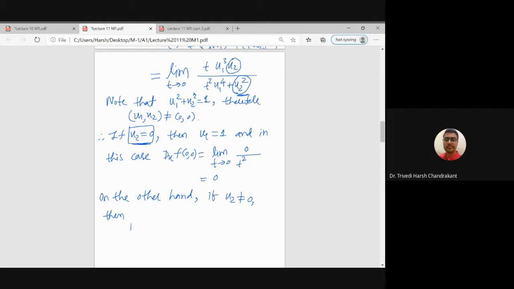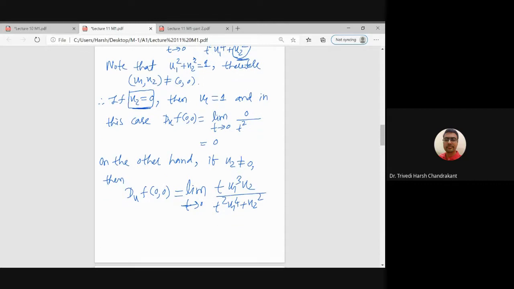So let us write down that. So if we have this limit, let us just substitute t equals to 0. If we substitute t equals to 0 in this limit, what we get is 0 divided by 0 plus u2 square, and u2 is non-zero. u2 is non-zero, that means the denominator is non-zero. So that means the value is 0.